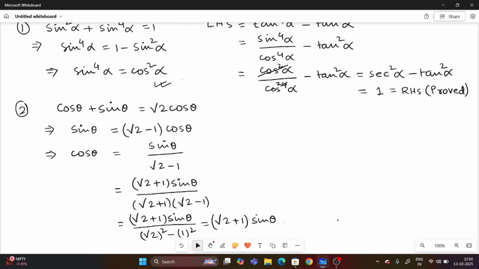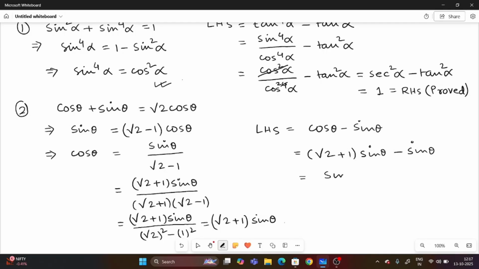Now we have to prove a relation that cos theta minus sin theta is equal to root 2 sin theta. So start from the left hand side, cos theta minus sin theta. Substitute the value of cos theta here, root 2 plus 1 into sin theta minus sin theta.